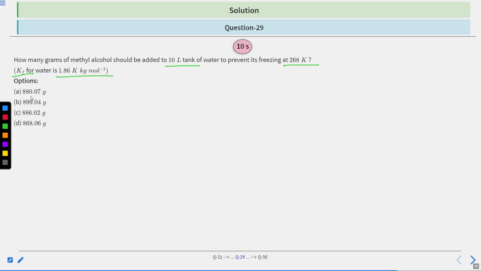Options are 880.07 gram, 899.04 gram, 886.02 gram, or 868.06 gram. So you have 10 seconds to solve this question. After that, we will see the answer.